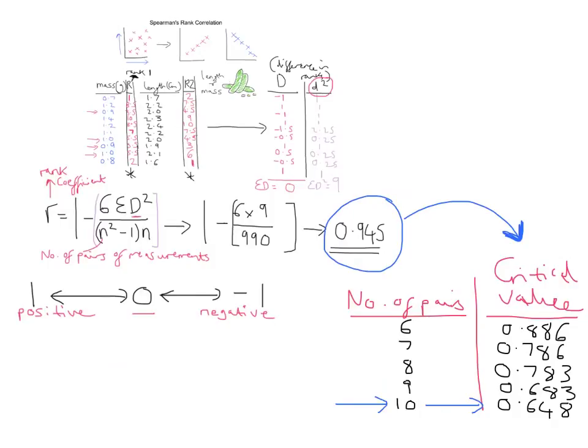You see whether it's either towards 1 or -1, the positive or negative end. And then you use that number and compare it against the critical value on a table provided to see if you can accept that there is a significant statistical reason as to why you got the result. So in this example, because we got 0.945, it would suggest that our data very much looks like a perfect positive correlation. Okay, hope all that helps.